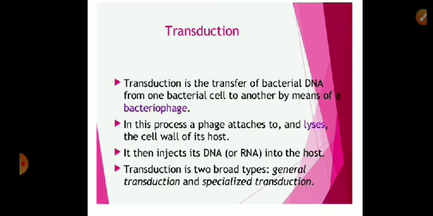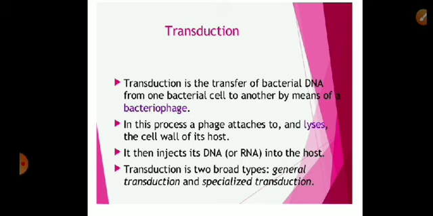So the second cell becomes a recombinant cell which receives DNA from the other cell. In this process, the phage attaches to the donor cell, by mistake picks up the DNA of the donor cell, lyses the donor cell, and the donor DNA is injected into the second recipient, that is the host, and the second cell now becomes a recombinant cell.